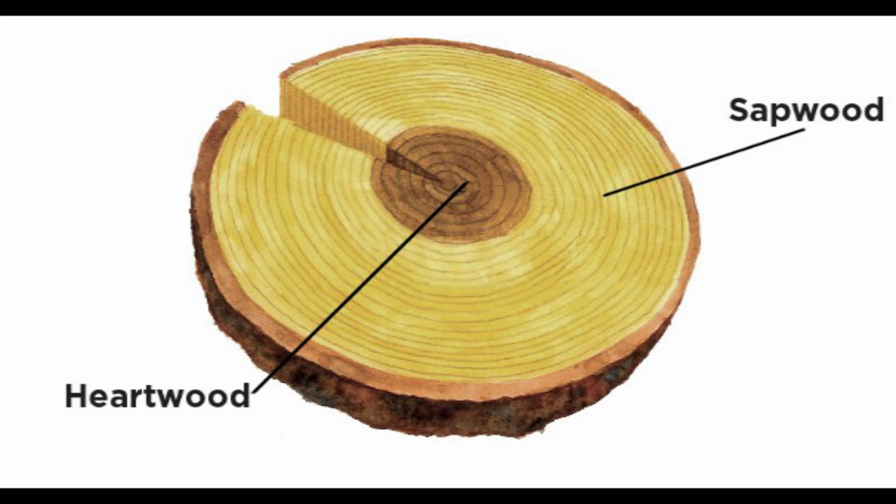The younger, light-colored conducting part of the wood forms the sapwood, while the older, darker part is the heartwood, which consists of dead cells impregnated with various substances that color and aromatize the tissues. The thickness of the sapwood differs among tree species.